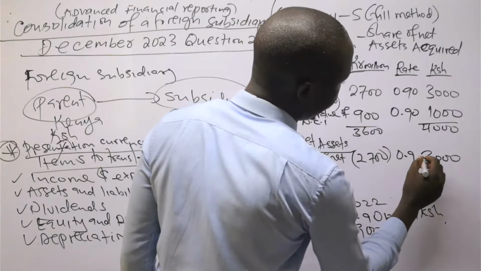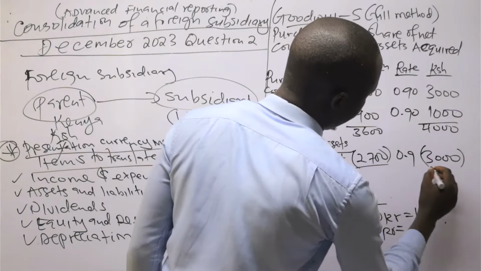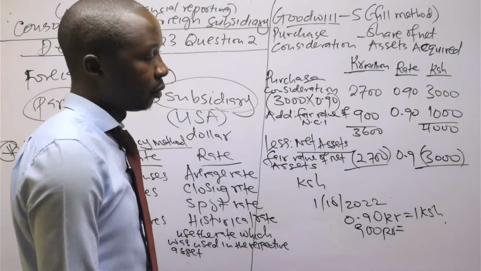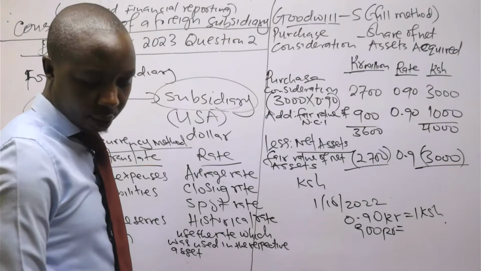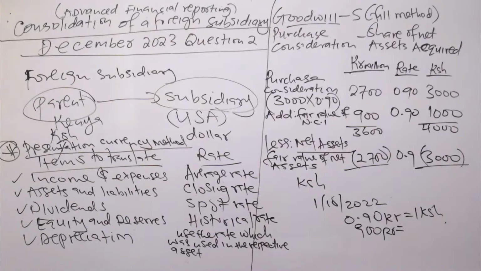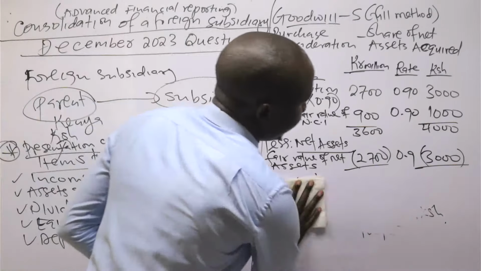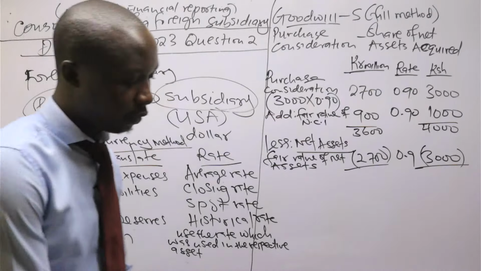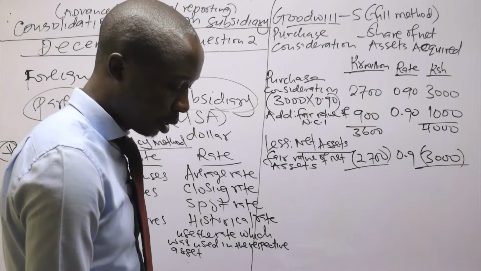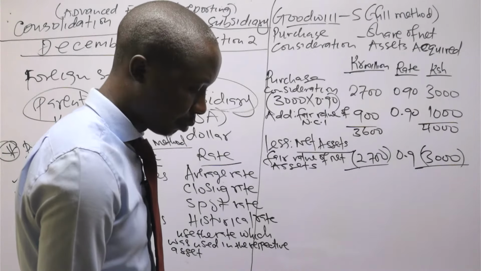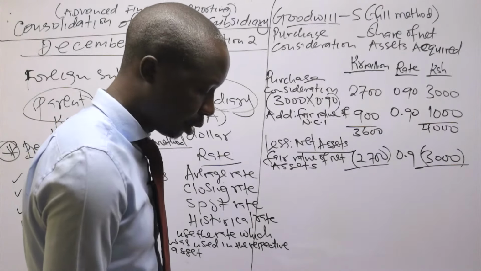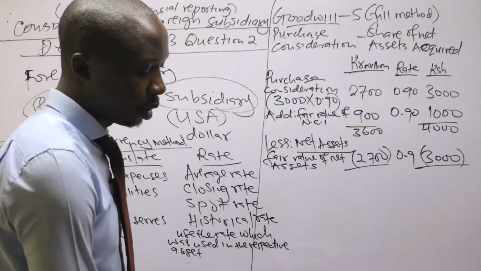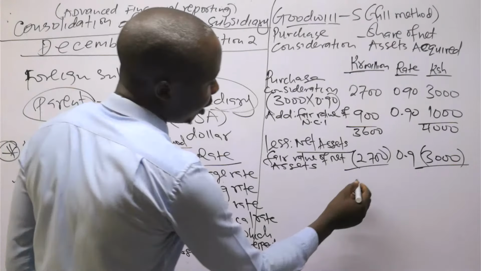So this one you deduct, so we can get the goodwill there. The value for goodwill here is 3,600 minus 2,700. So that is 900. So the goodwill we have here is 900.